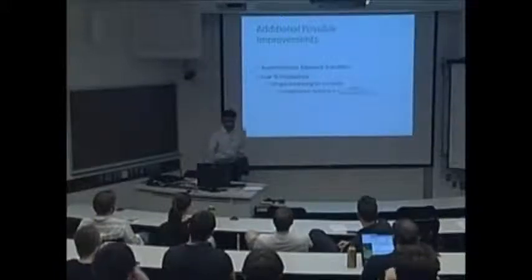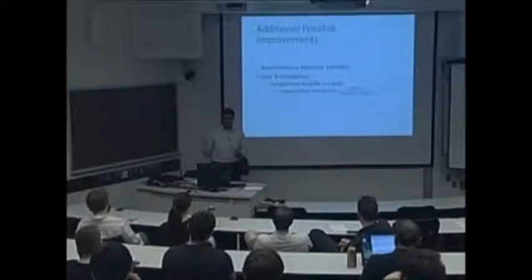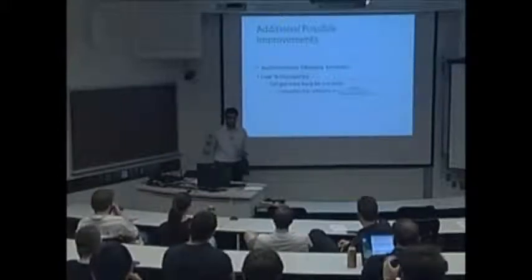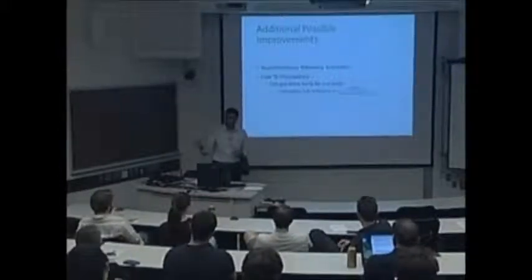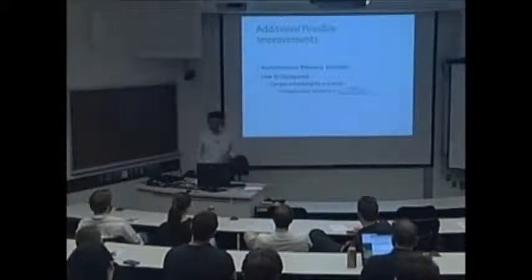Also, another thing we noticed is that there's low occupancy with the functions that are running on the GPU. Basically what that means is that for the amount of time that the kernel, or the function, is loaded onto the GPU, a lot of the processors aren't active for a lot of the time.